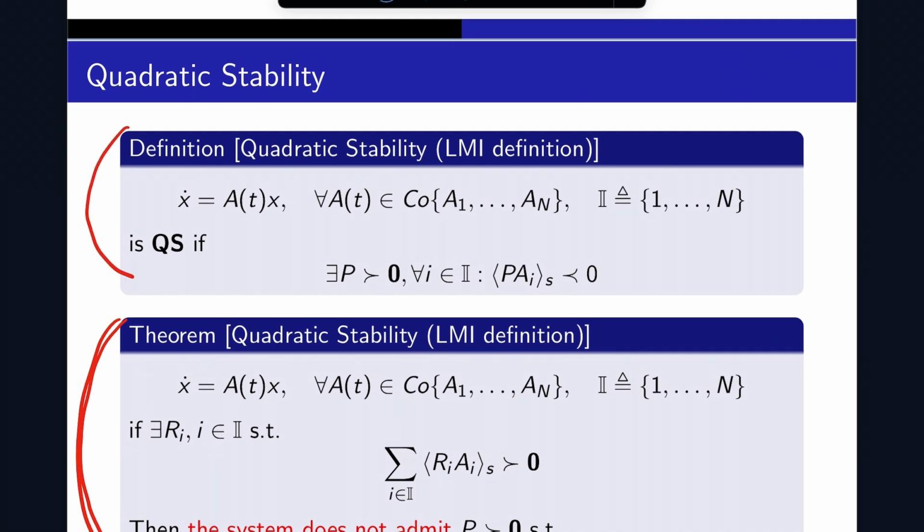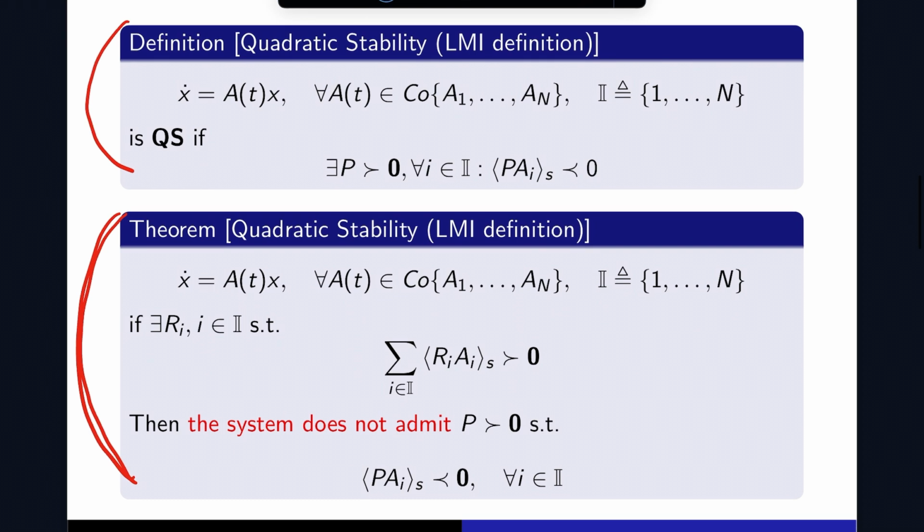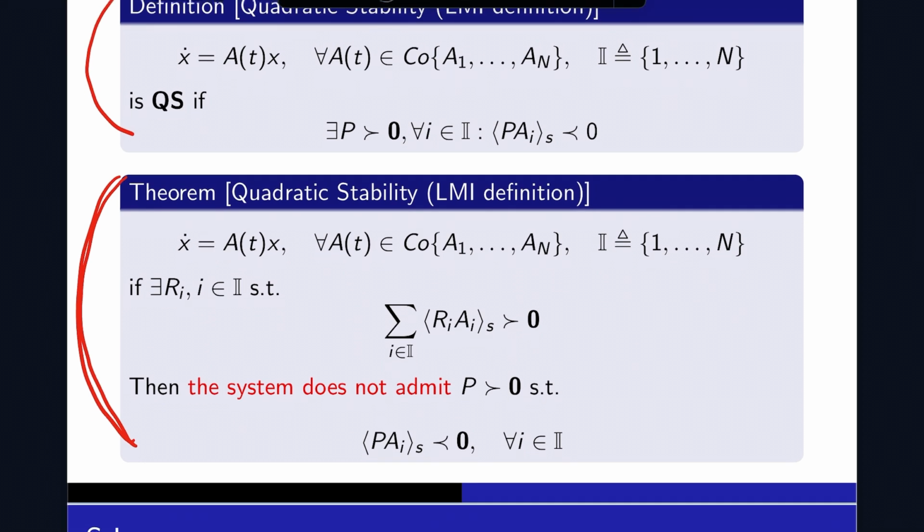Quadratic stability is a very conservative condition, and you would like to check that such a P doesn't exist directly.